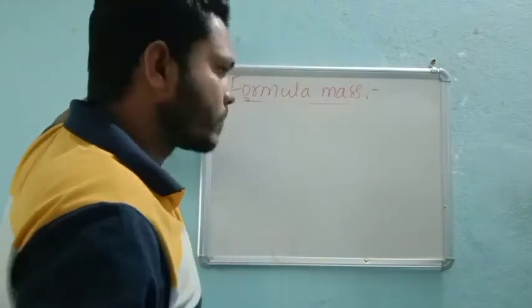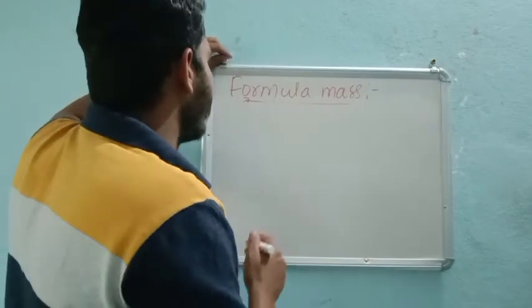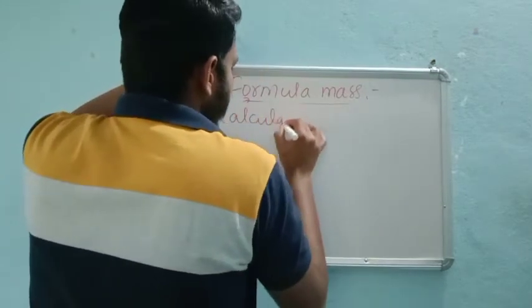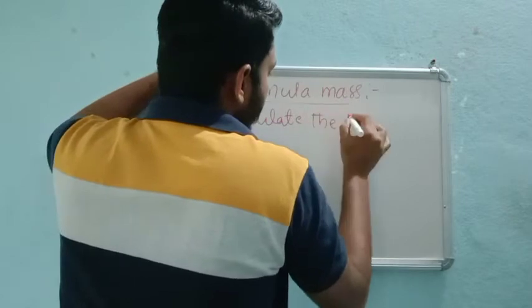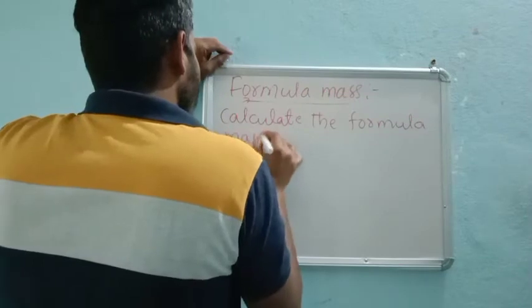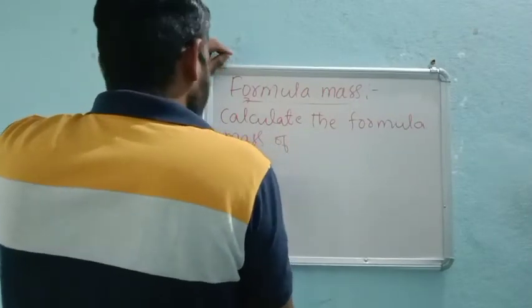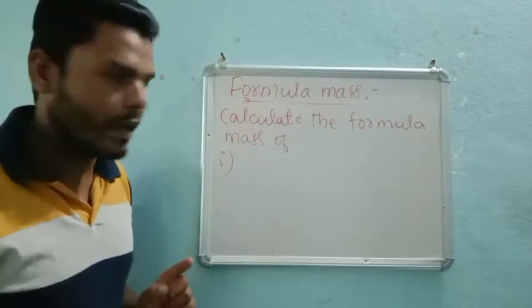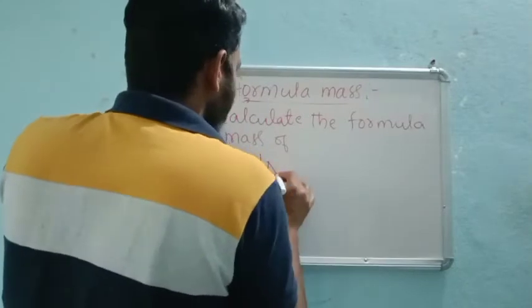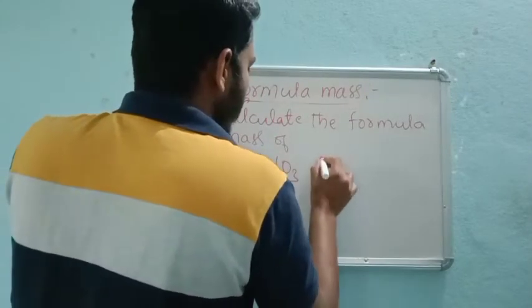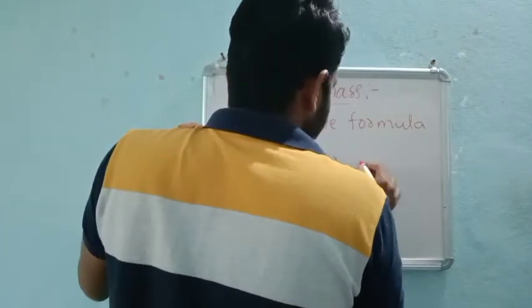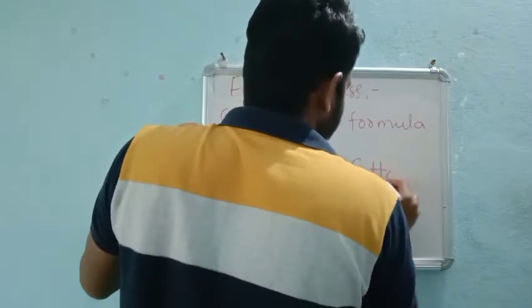So now calculate the formula mass of, number one, nitric acid. Number two, C2H6.